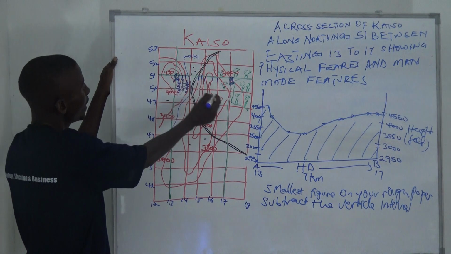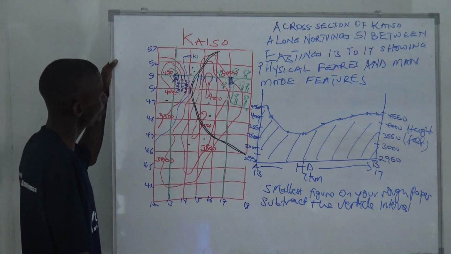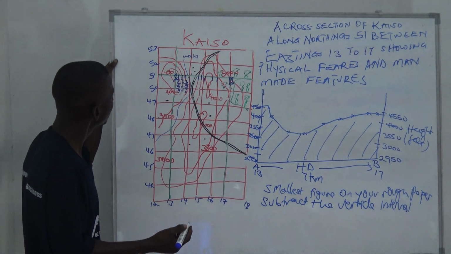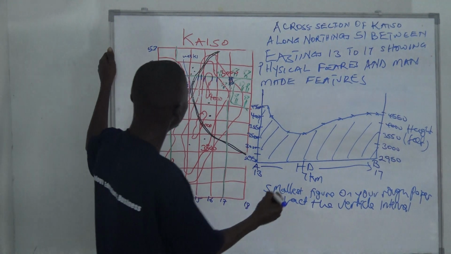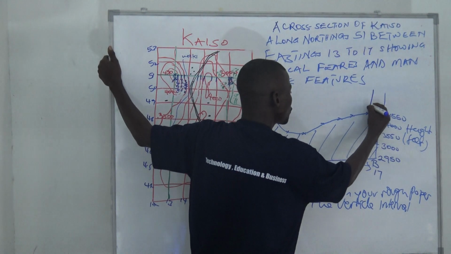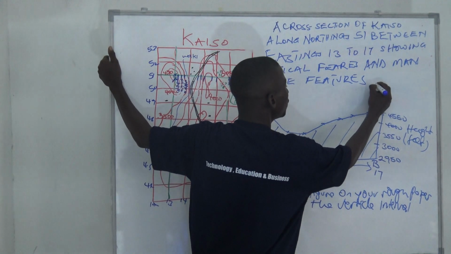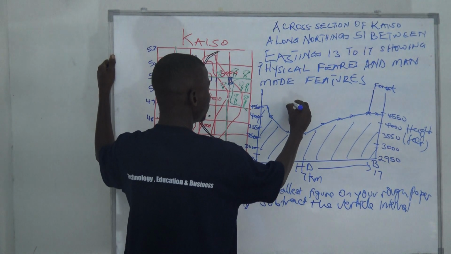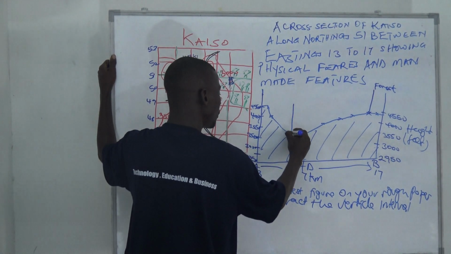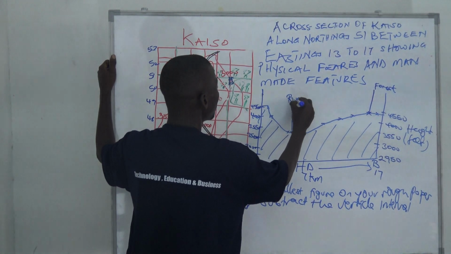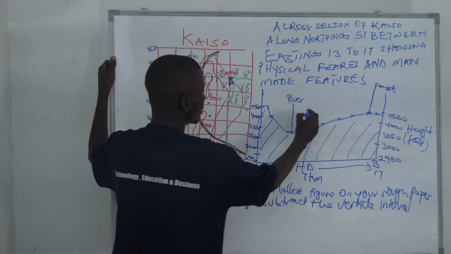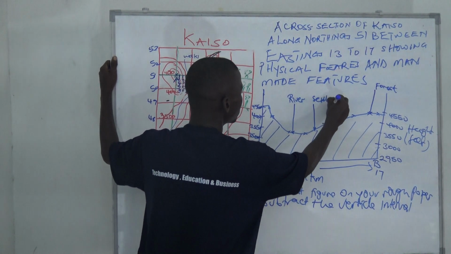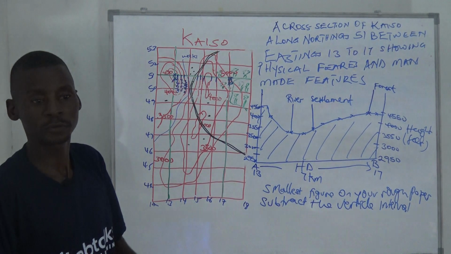Then you put back your rough paper, you mark the items that you are required to mark. For example, you are required to mark a forest, which is at the extreme end here. Put a straight arrow like that, say a forest. If this is where our river is, you put an arrow, you say river. Settlement, till you finish all of them.